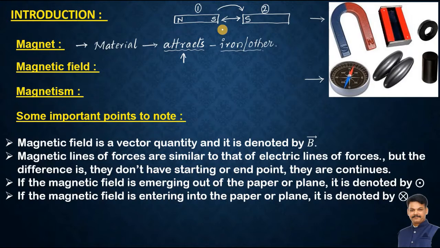Hence, like poles always repel each other. It is another basic property regarding magnets, and we know that unlike poles attract: if the south pole of another magnet is brought closer to the north pole, then there will be a force of attraction between them. This is a property which might be used in various other applications.